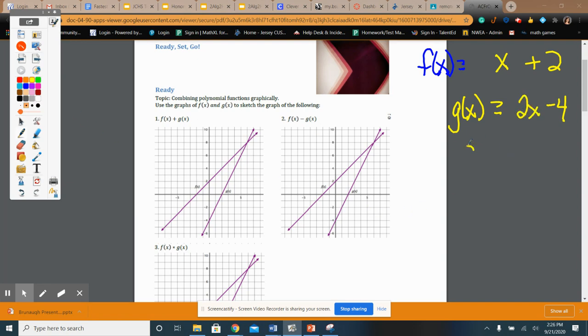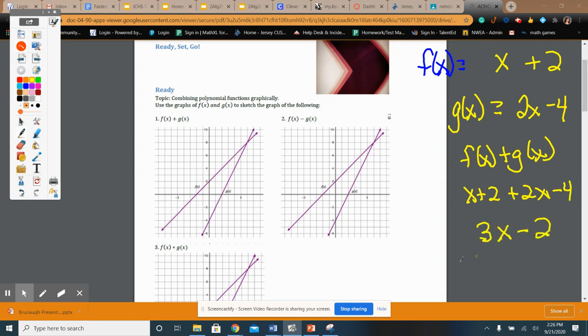If you take f of x plus g of x, you would have x plus 2 plus 2x minus 4, which is 3x minus 2. That will be the graph of the sum. And I could graph that if I wanted to, right on here. But first, I'm going to show you another way you can think of it.